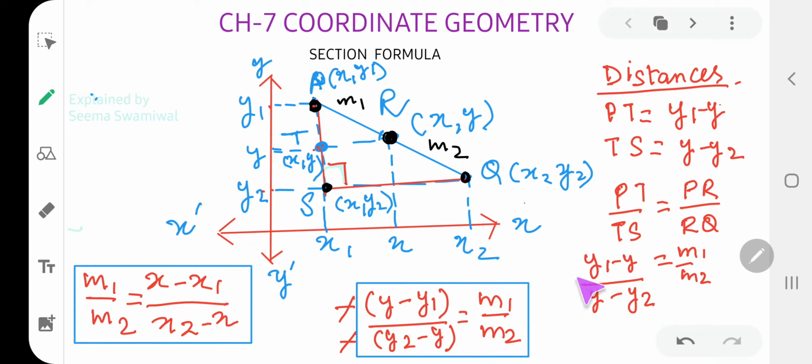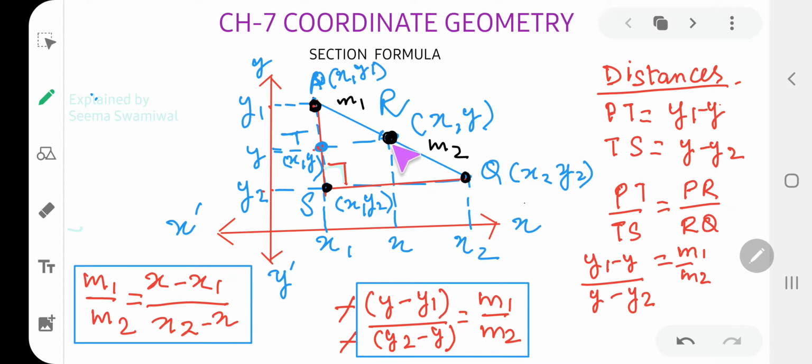Now I'll take the minus sign common so that I can easily remember this formula. It will become y minus y1, y2 minus y, is equal to m1 upon m2. Children, it is clearly visible from here that you are given 3 points on a line segment: 2 are the end points of the line and 1 is the point in between.